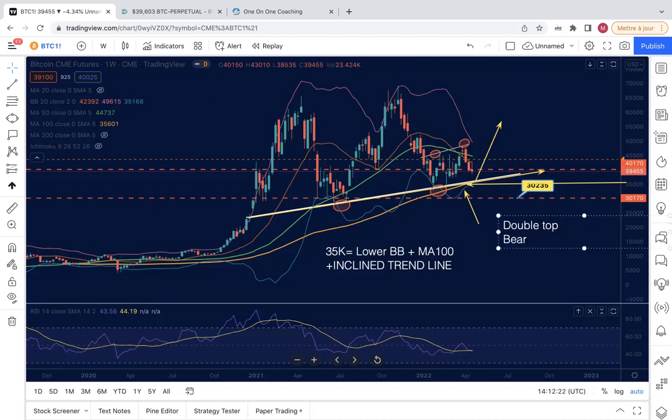Okay, we saw the double top. The double top is the stuff here. This is the double top. It's okay, we understand it, but where is the bearish flag? Guys, the bearish flag is a bearish pattern.